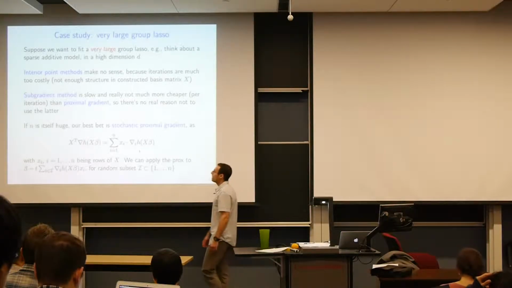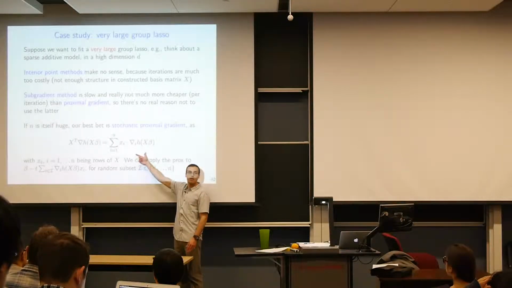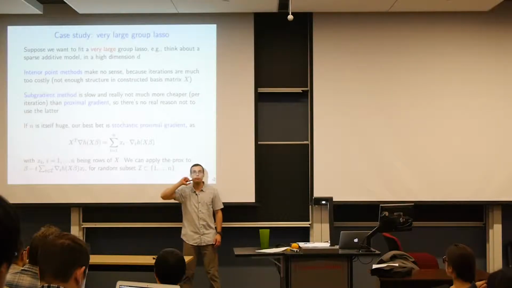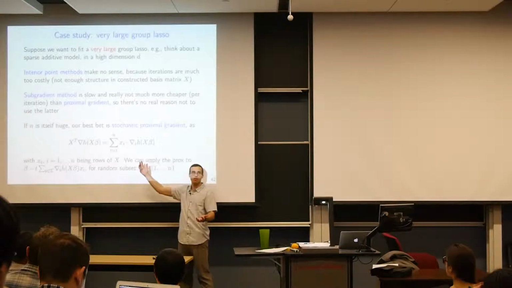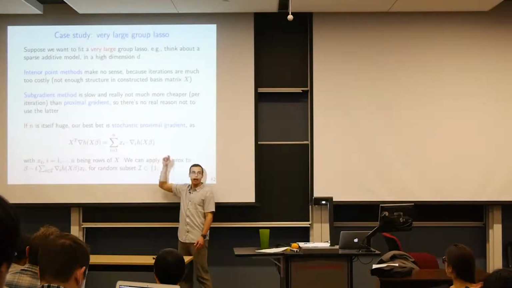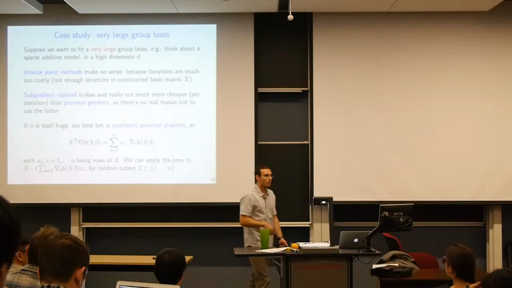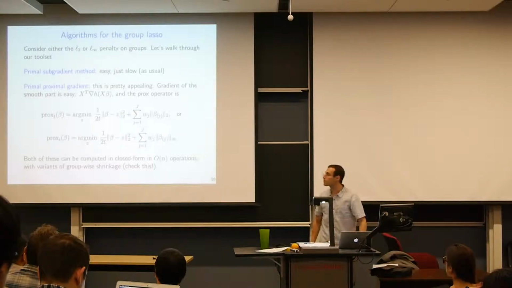And if n is very big, I can approximate this sum by just taking a random sample of the rows and just taking the sum over those rows instead. So that would be my stochastic approximation to the gradient. Take a different random sample of data points over which to evaluate this at each iteration. And then I apply the prox. And the prox, remember, is some kind of block soft thresholding.